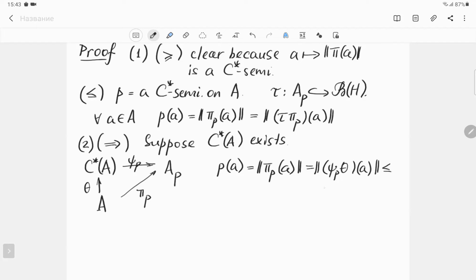So this is less than or equal to the norm of theta of A. And this doesn't depend on P. So when we take the supremum over all C star semi-norms, we conclude that this number is less than or equal to the norm of theta of A. And so it is finite.